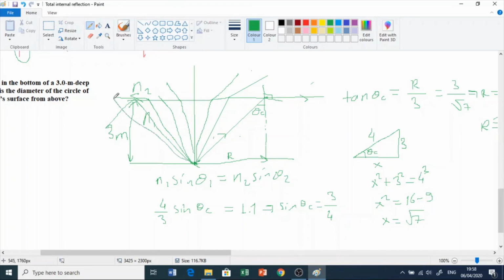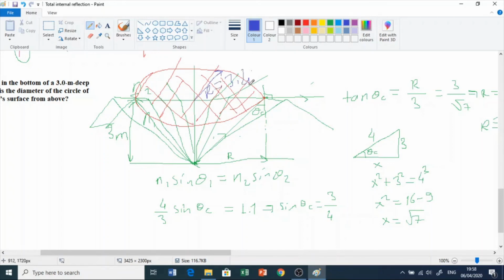So an area here on the surface of the water will be illuminated, and its radius will be equal to r equals 3.4 meters. That's all. Thank you for listening.